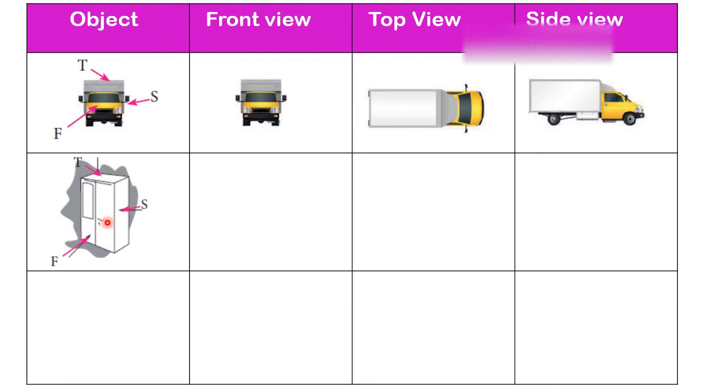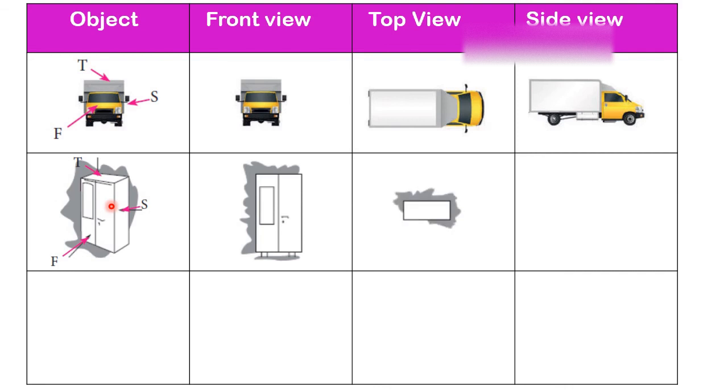Look at this bureau. If we look at this bureau from the front, this is the front view of the bureau. You can check in your home. Usually we all have a bureau in our home. You can check this with your bureau.